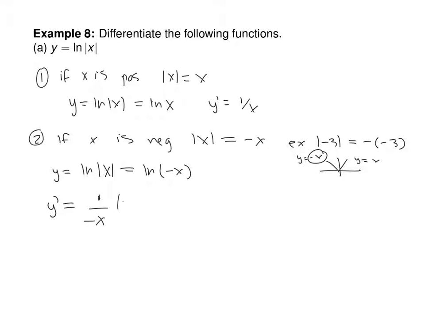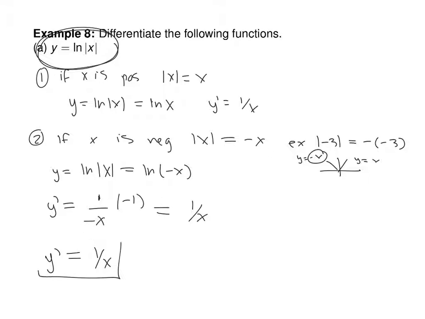Negative 1, which is also 1 over x, right? So for this function, ln of absolute value x, y prime is just equal to 1 over x, and the absolute value bars are gone. And that's because the absolute value bars have built in two cases, the positive case and the negative case, and the answer was the same when you looked at both of them. You still can't plug in 0.